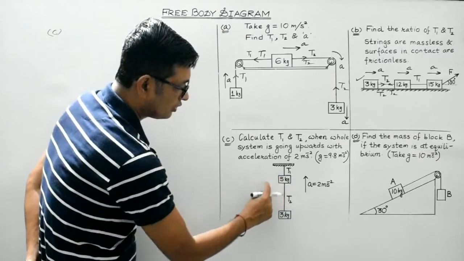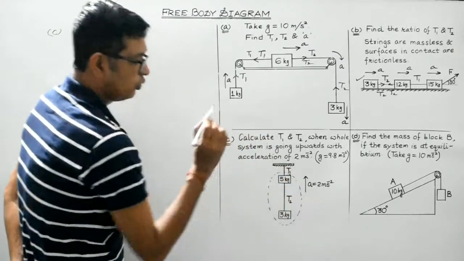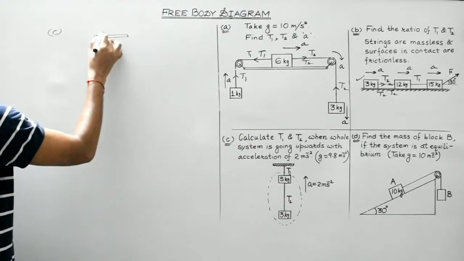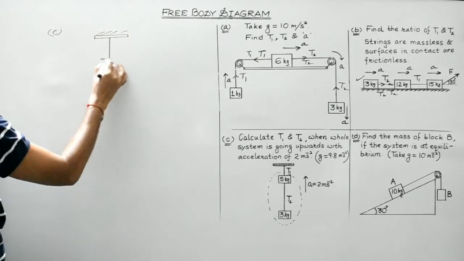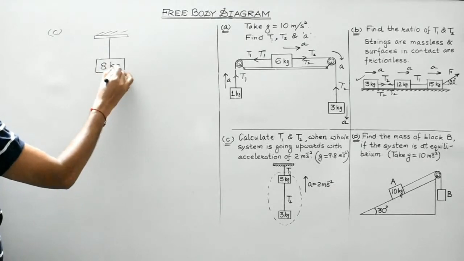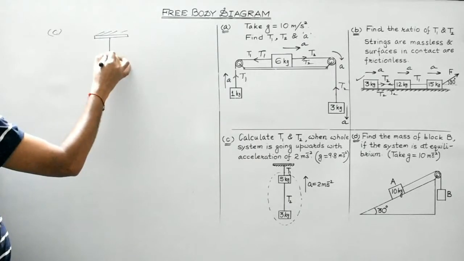So the net mass of this system will be equal to 8 kg. The diagram can be redrawn like this, and here the tension is T1.